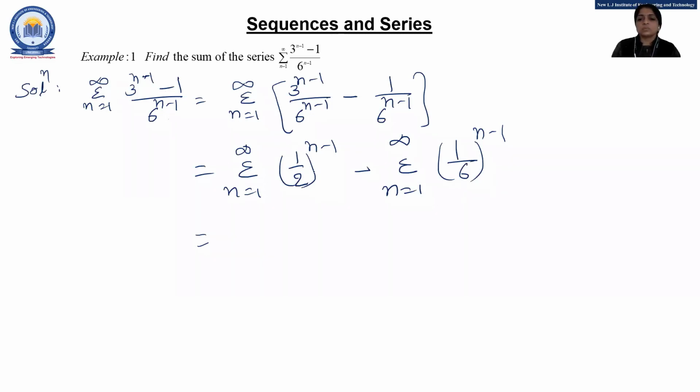Okay. So here, now listen carefully. It is a very important step. As you know, the generalized form of a geometric series is summation n = 1 to infinity of a r raised to n minus 1.